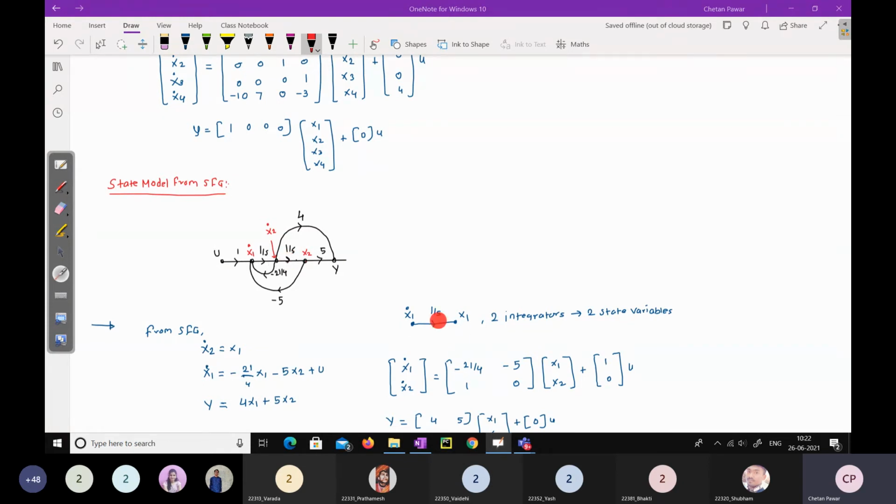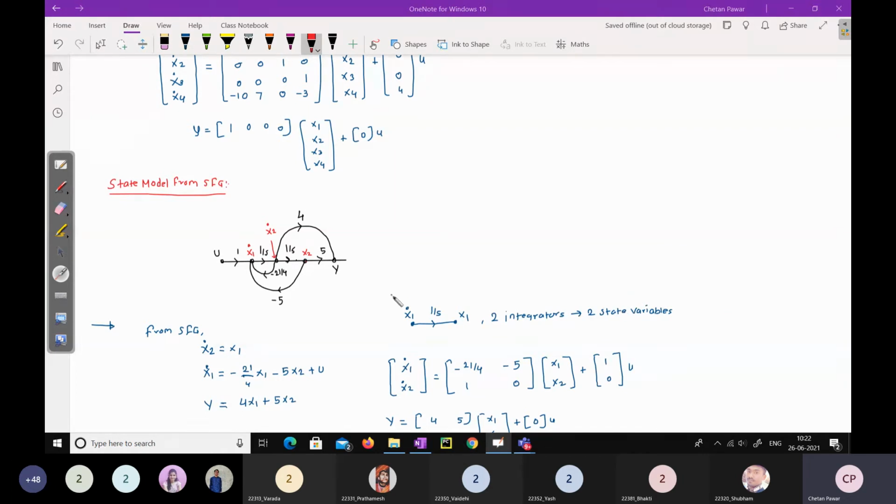Here you can see the integrator branch is like this, which has 1 by s gain. So if x1 is the output, x1 dot will be the input. If there are two integrators, there are two 1 by s terms in the SFG, so there will be two state variables, right?